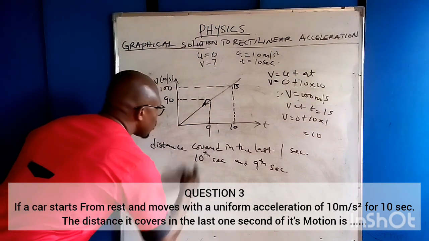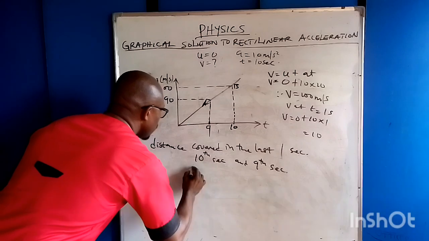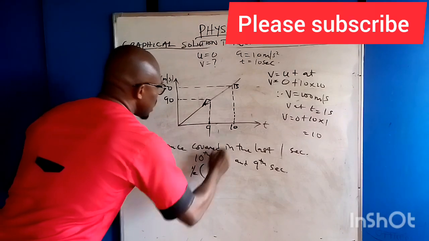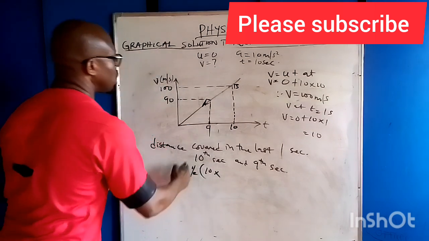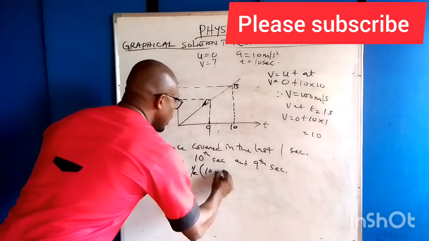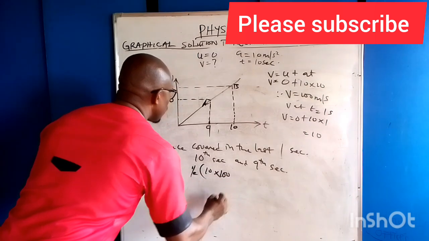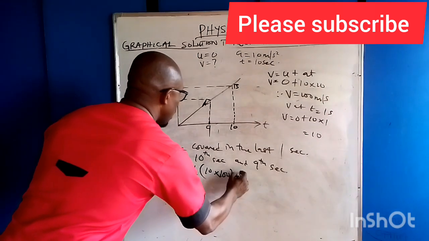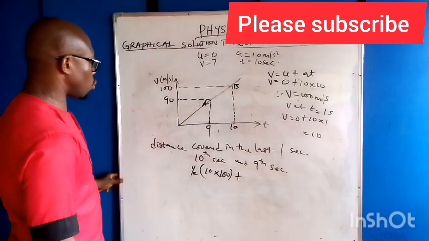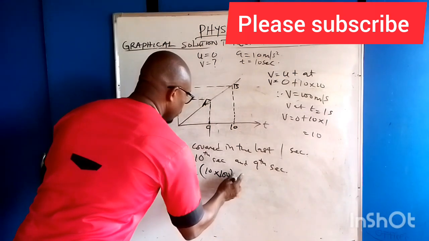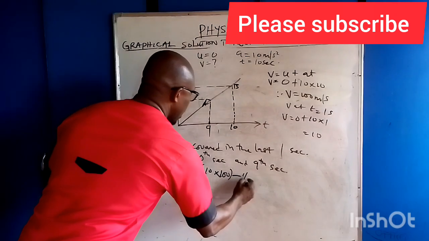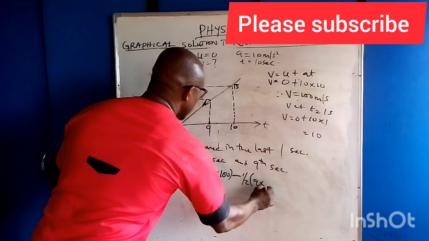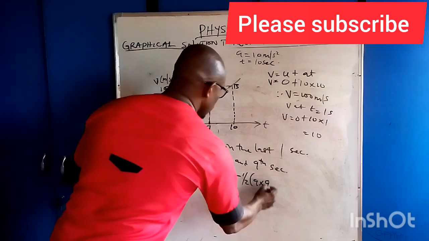So the area of the first triangle will give us half base times height. The base here is 10 and the height here is 100, minus half base, the base here being 9, times 90.